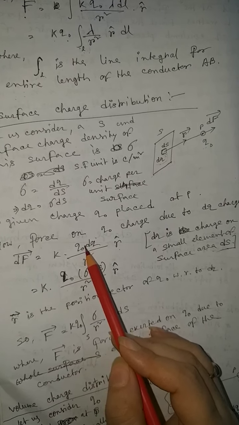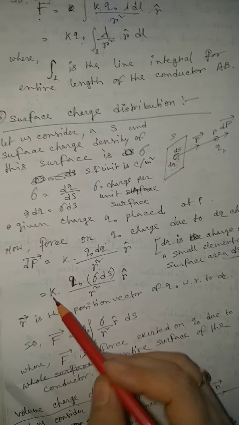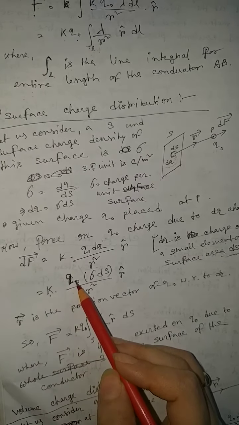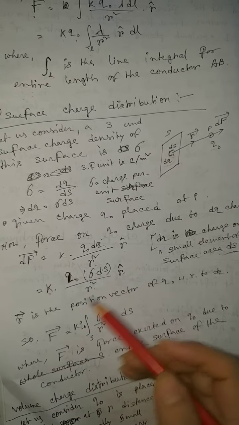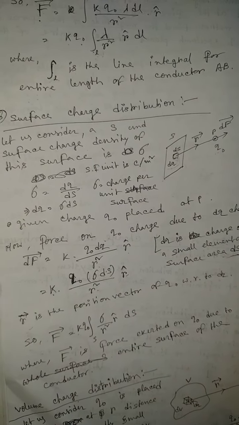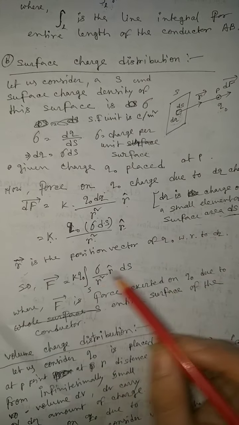Just replace dq by sigma into ds. So now we get k into q naught into sigma into ds by r square into r cap. Here r vector is the position vector of q naught with respect to dq amount of charge.